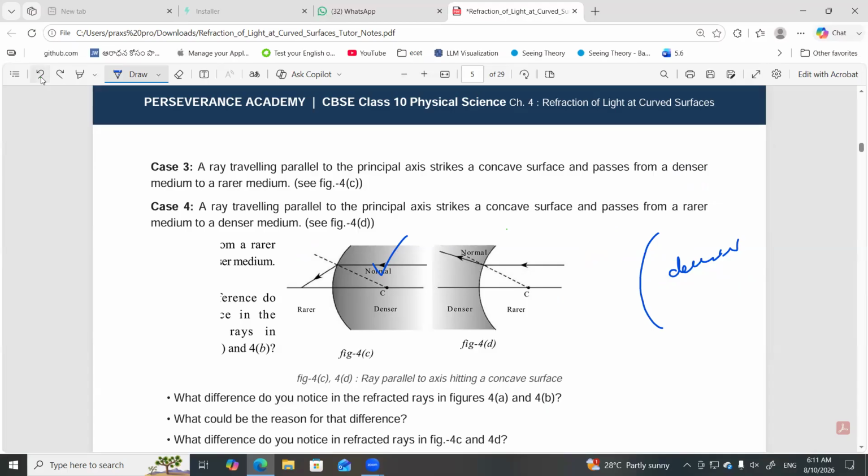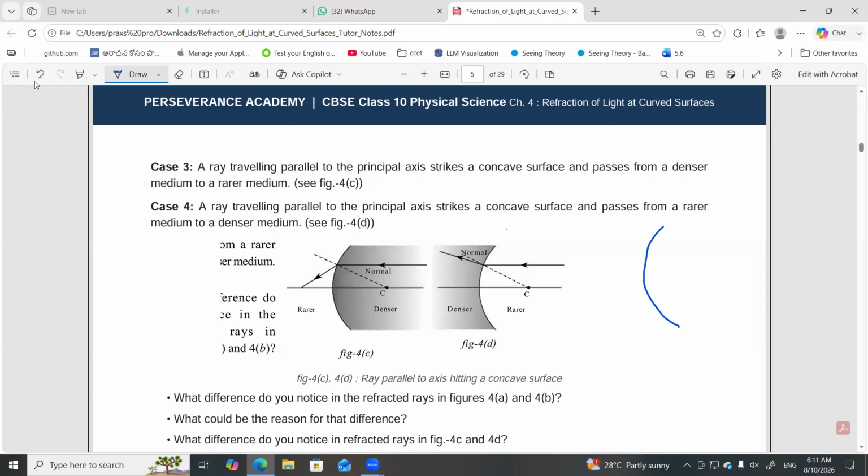Now, what is the curved surface shape? The 4C is the convex shape. 4D is concave shape. So here denser, this is rarer.